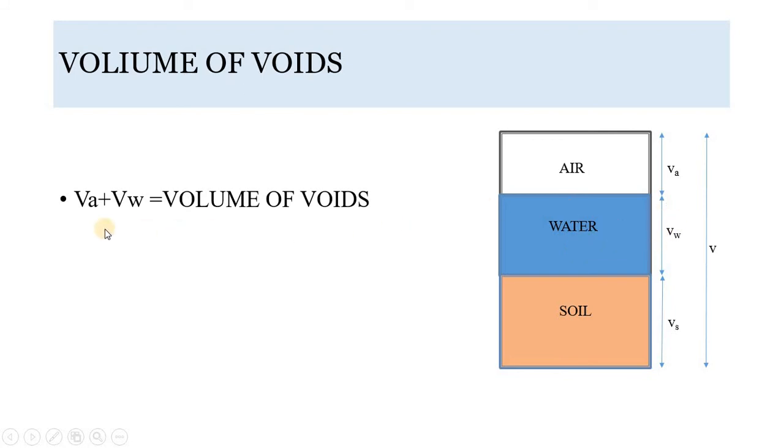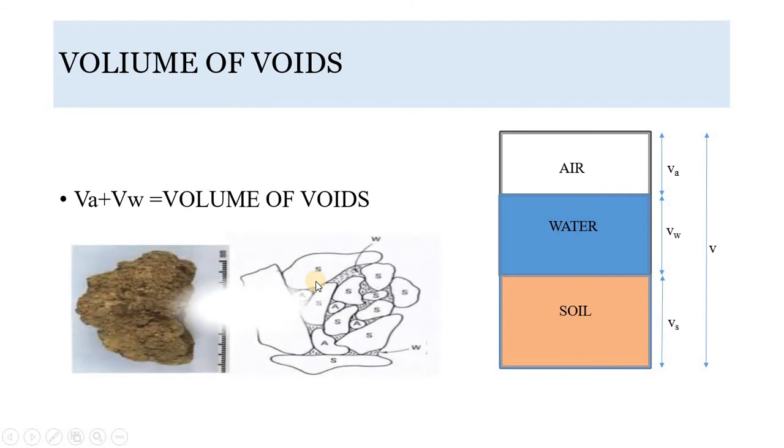So we can say volume of air plus volume of water is equal to volume of voids, and the remainder is the volume of solids. It means that in between the two soil particles, the void is occupied by water molecules and air molecules.